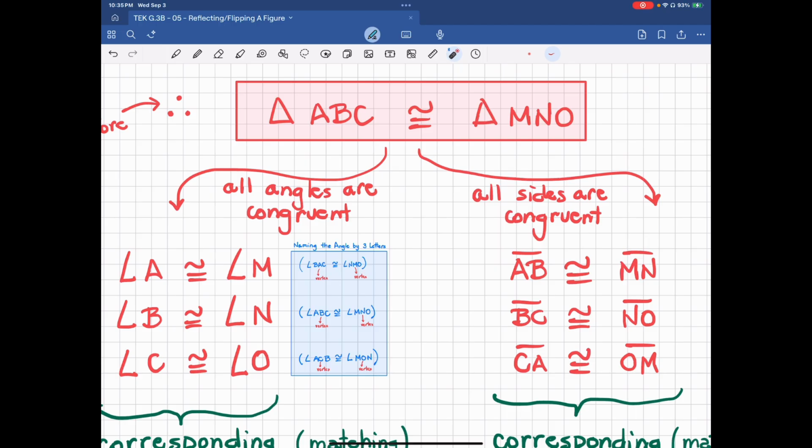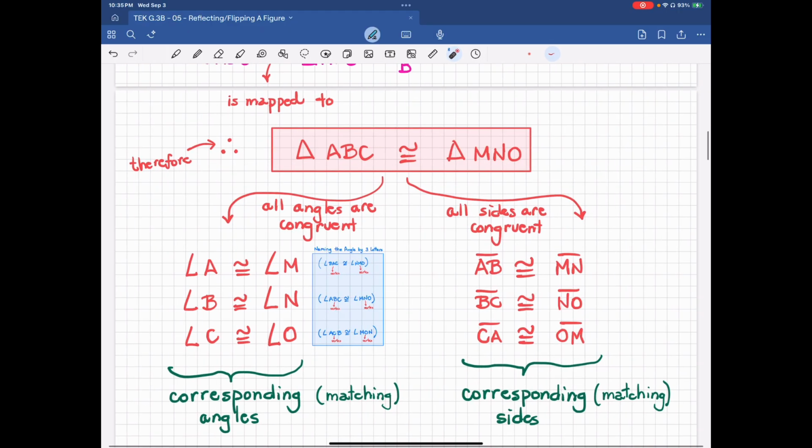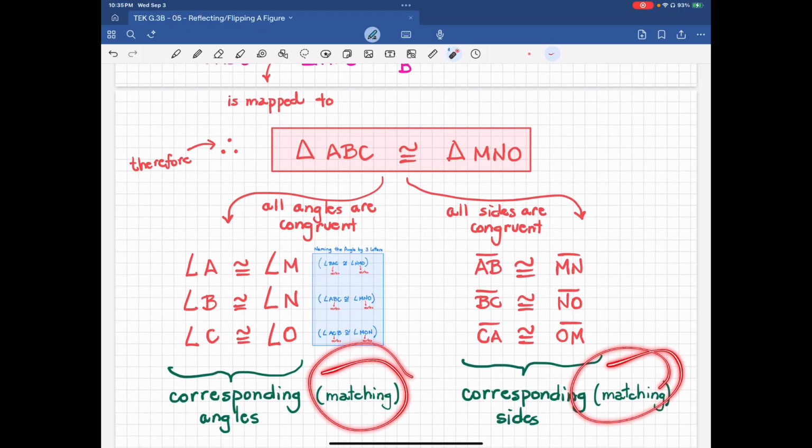What we call this is corresponding sides. AB and MN are corresponding, BC and NO are corresponding, CA and OM are corresponding sides. Remember, another name for corresponding is this whole concept of matching. They match, they're identical, they're congruent, okay?